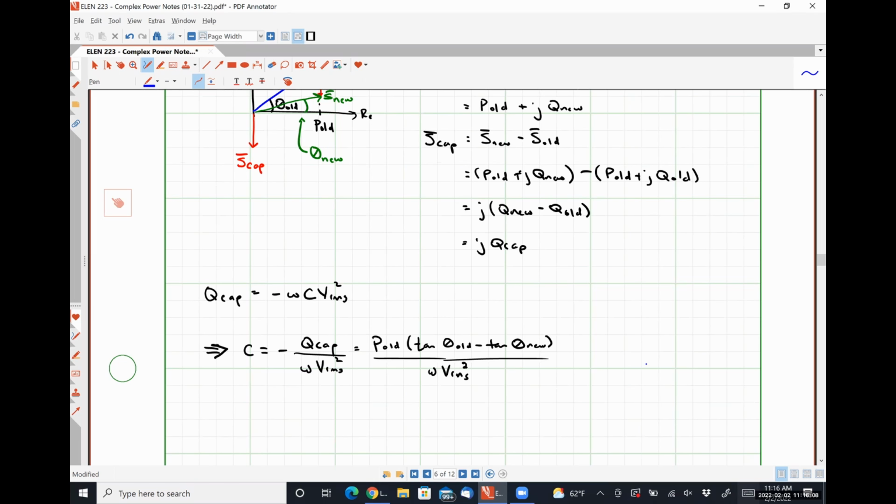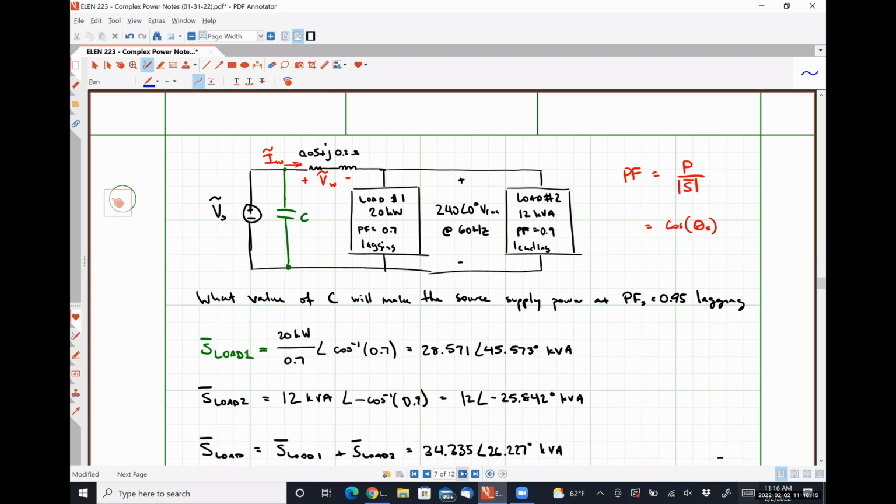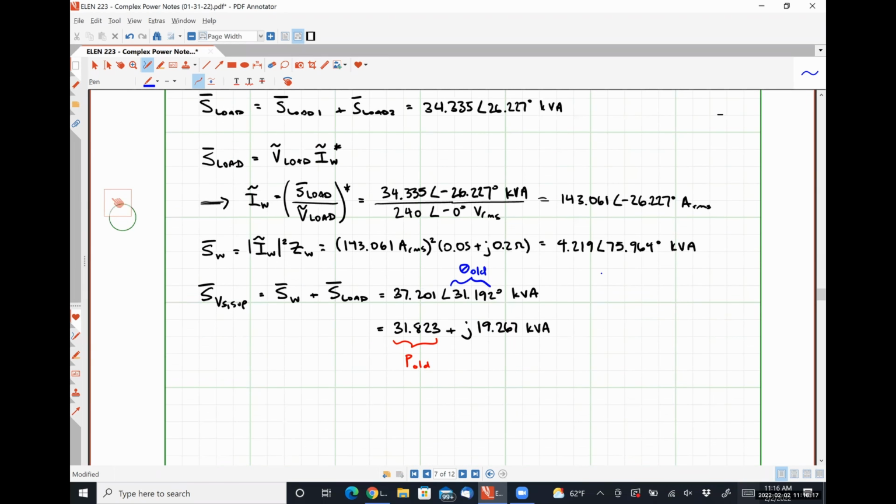We still need V RMS as well. Since we found the complex power that's being supplied by our voltage source, and we know the amount of current that's leaving the positive polarity terminal, it should be very easy for us to figure out what the quantity Vs is, right?